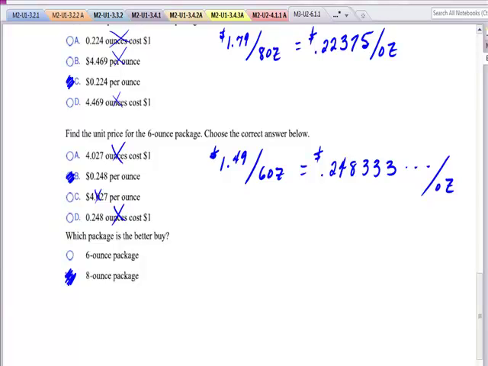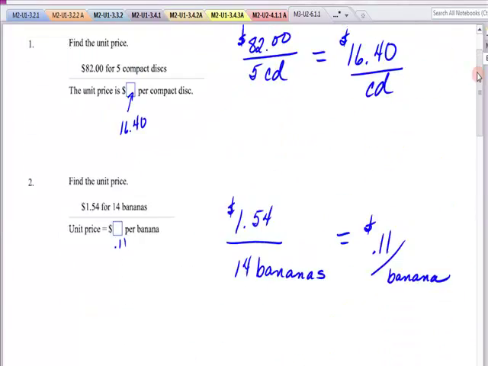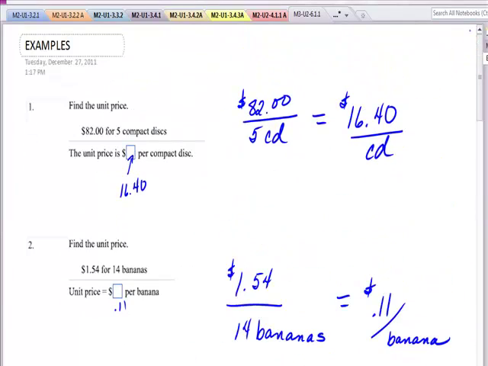The cheaper per ounce is the better buy. Okay, so we worked with certain kinds of rates, which are comparisons. We did unit rates, which meant we divided the numbers, we keep the labels, and we will continue to use some comparisons in our next lessons.